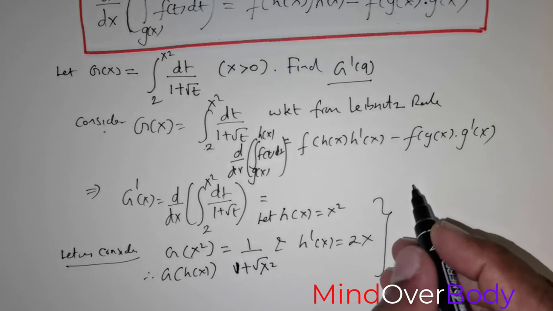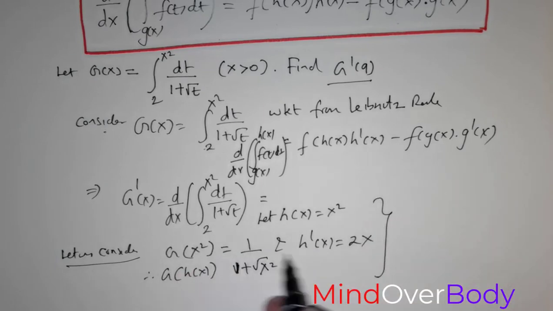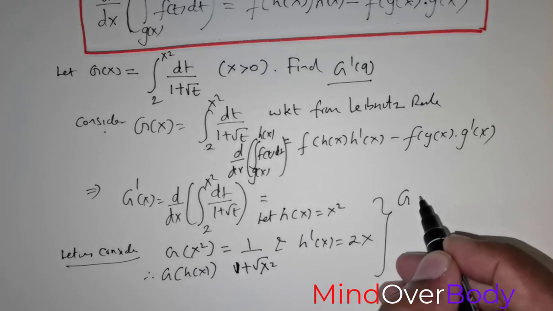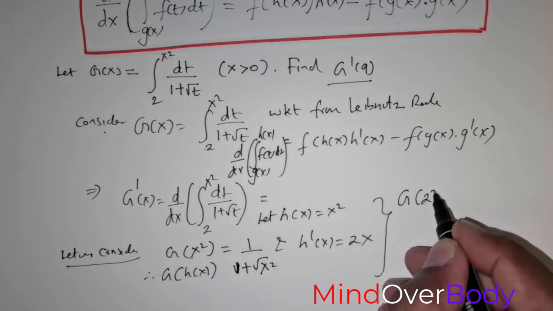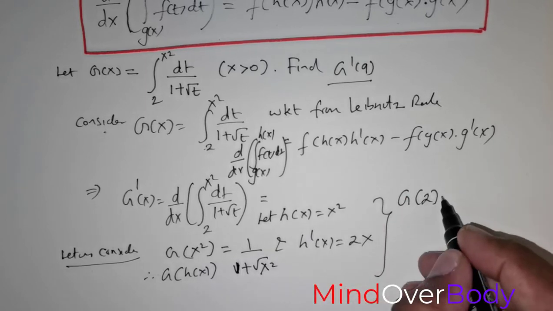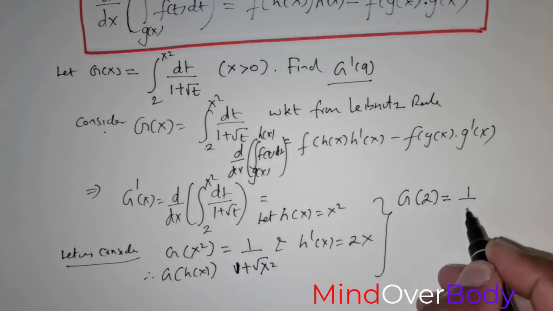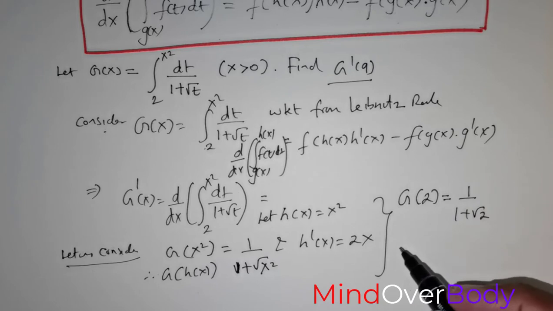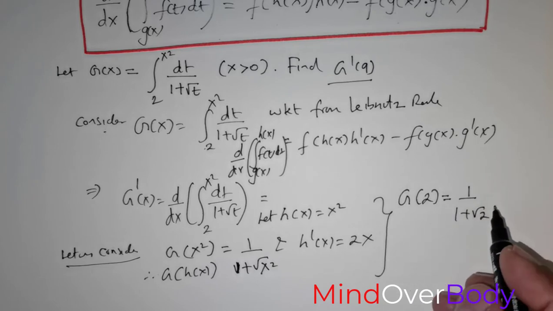Now the other side is the lower limit. So in this case it's going to be f of 2. Now f of 2 is equal to 1 over 1 plus root 2, and g dash, that is going to be equal to 0.